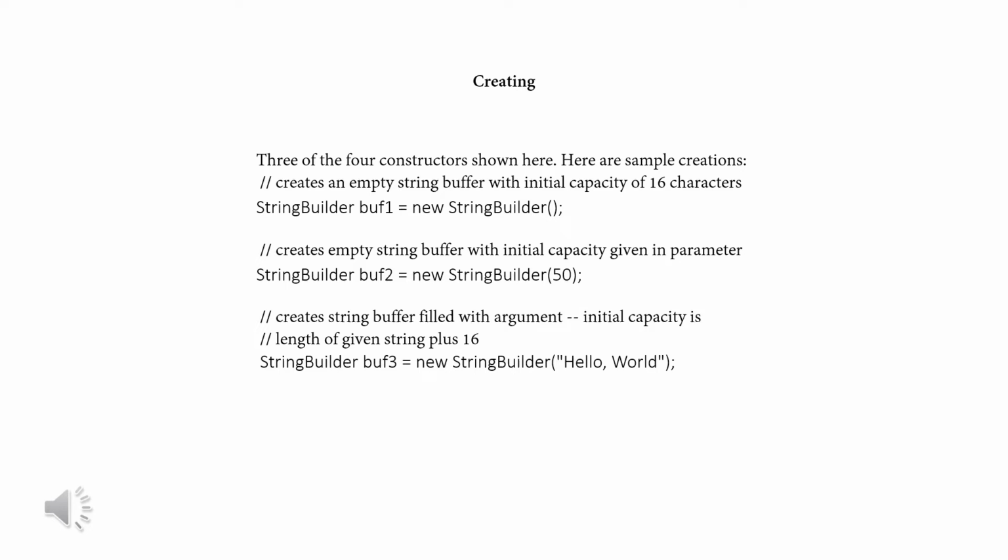The first way, you don't put anything inside the parentheses, it will just create one string with initial capacity of 16. The next one, you put an integer inside the parentheses. That number would be the initial capacity, for example here 50. The third way is you put the string inside the parentheses, inside the double quotation. In this case, the initial capacity would be the length of that string plus 16.